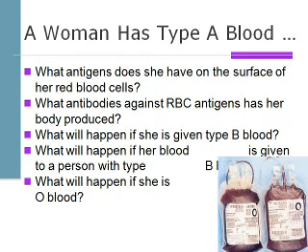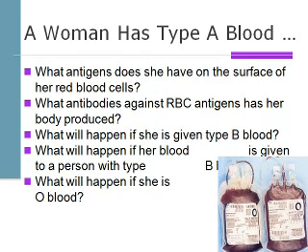So then the third question, this is the one that got all discombobulated with my picture, is what will happen if her type A blood is given to a person who has type B blood. So it'll be just the opposite, right? A person with type B blood will have anti-A antibodies, which would attack the donated type A blood antigens and destroy it. What would happen if she was given type O blood?